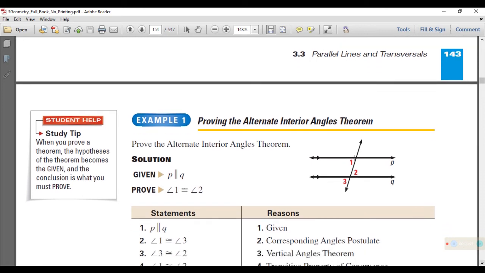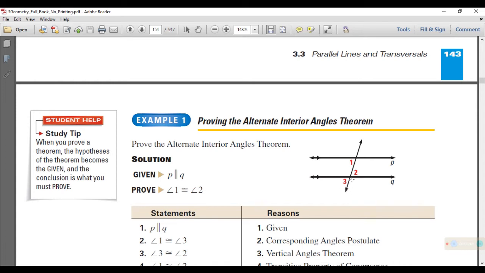So, here, si 3, it is corresponding with 1. Since it is corresponding with 1, we know that angle 1 is congruent to angle 3. Tapos, na-discuss natin a long time ago yung idea ng vertical angles.